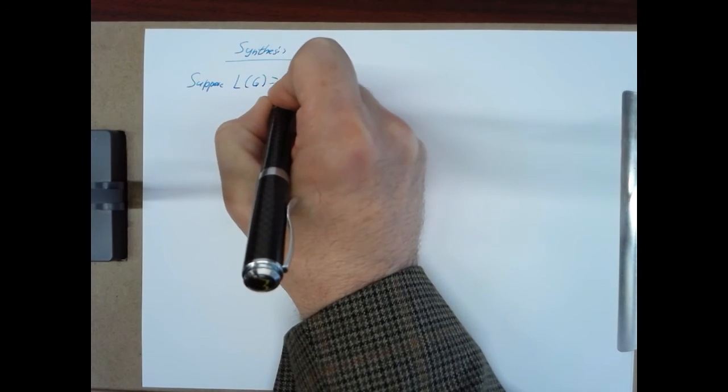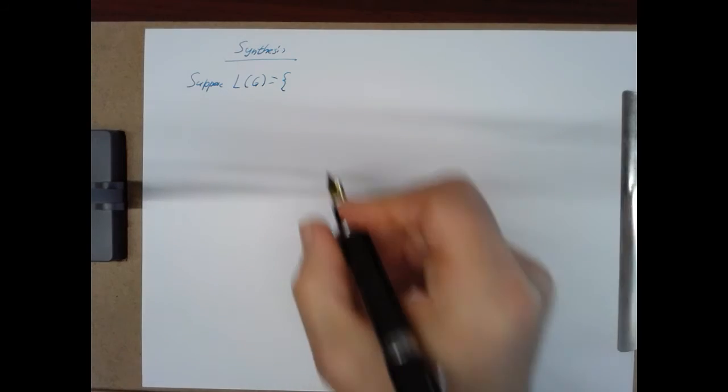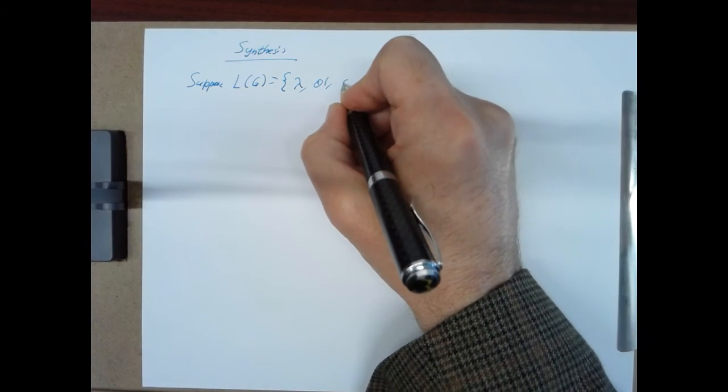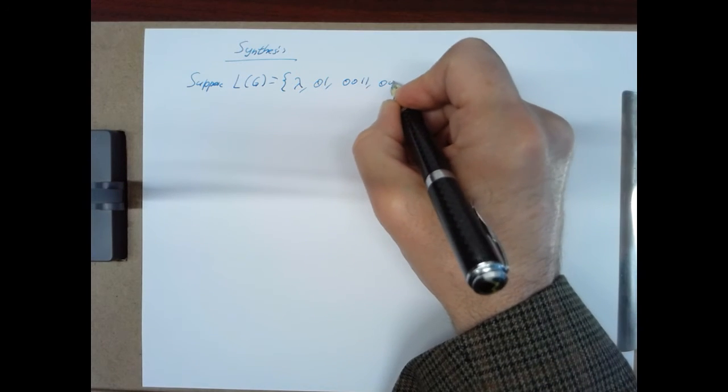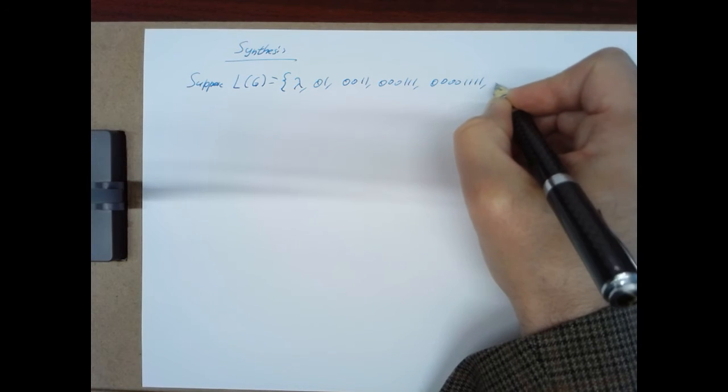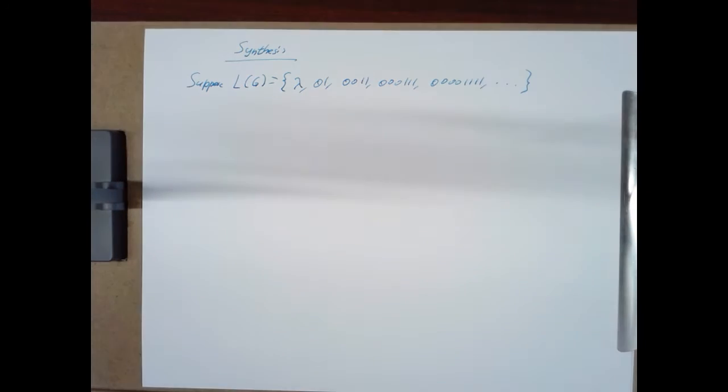we know that the language should consist of the following: the empty string, 0 1, 0 0 1 1, 3 zeros followed by 3 ones, 4 zeros followed by 4 ones, and so on.